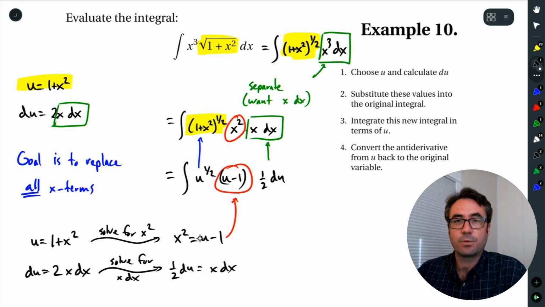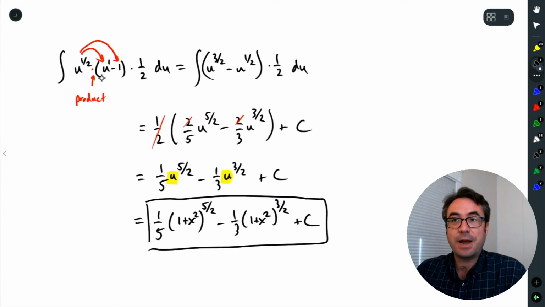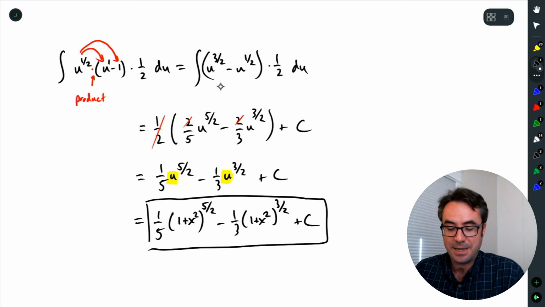So sometimes you have to work with both of these and fit all the pieces in. And then, to top it off, the result was a product of two functions, so we had to deal with that. And the way we handle a product of two power functions is actually do the multiplication. So add the exponents, and then we get it to a point where it's just two power functions, and we're subtracting, so we can just do it.